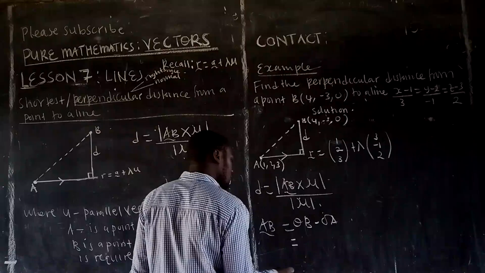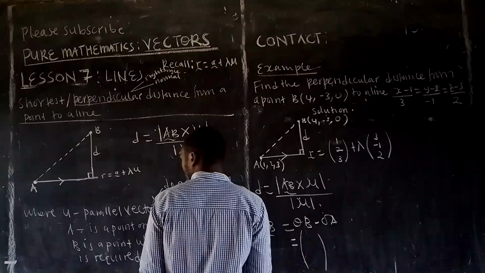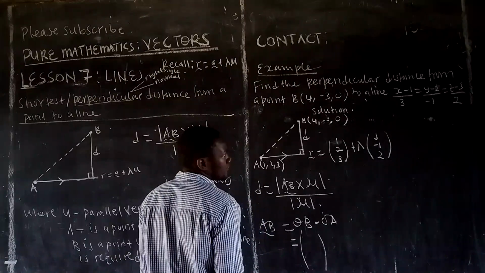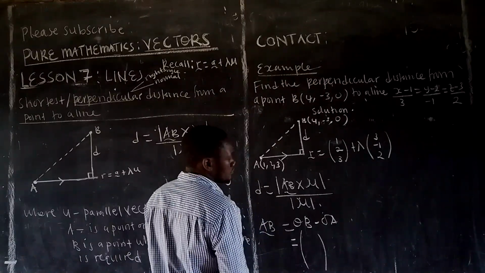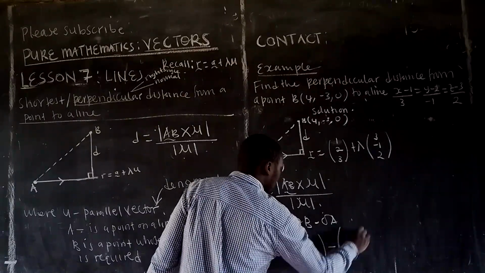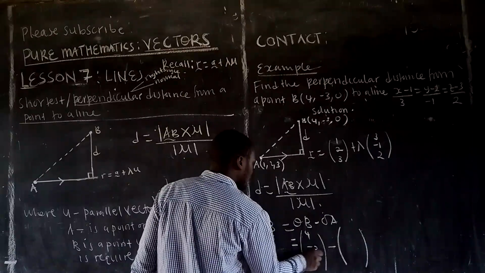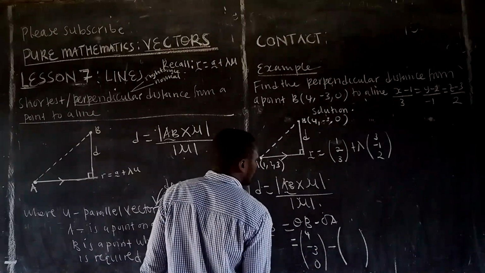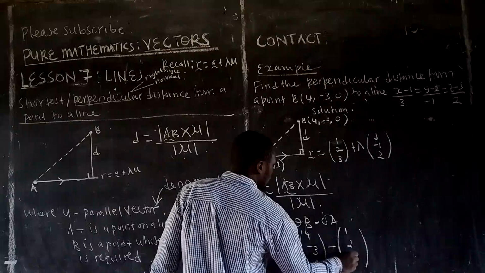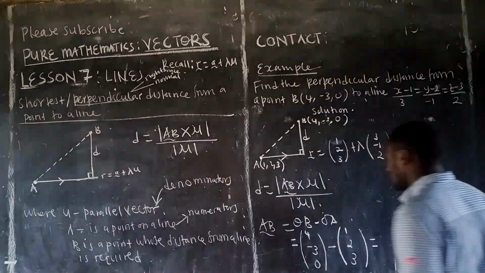So what are we going to have finally? OB is 4, negative 3, 0. OA is 1, 2, 3. Which answer are we going to have here finally?